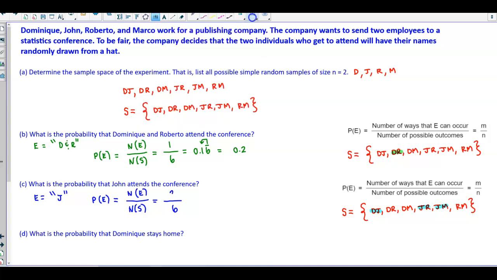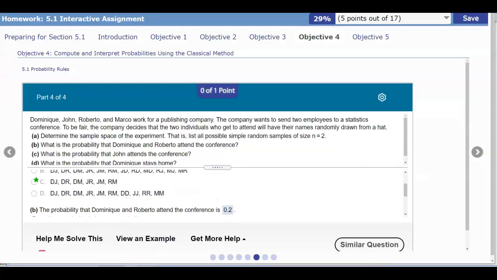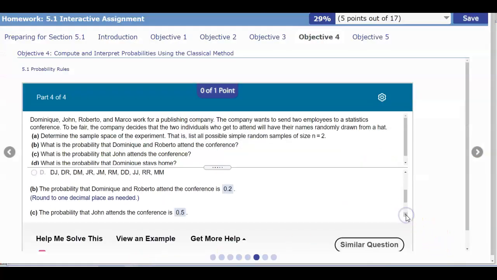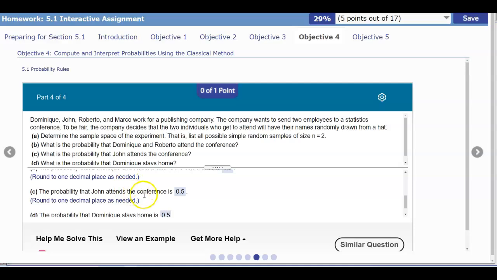That's 3 out of 6, which is the same thing as 1/2, which becomes 0.5. So the probability that John attends the conference is 0.5, again rounding to 1 decimal place as needed.